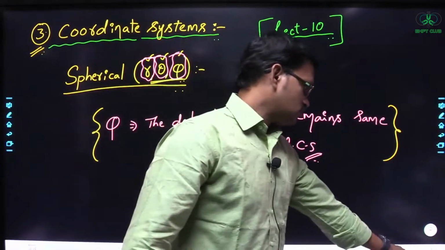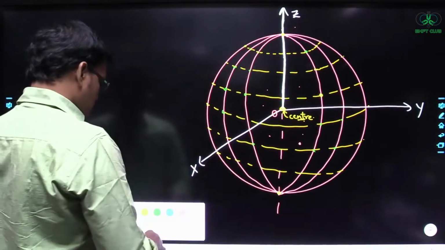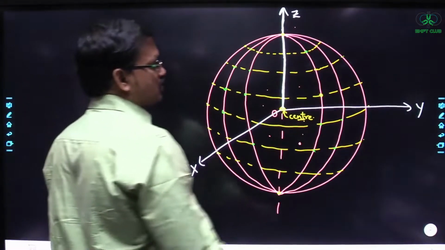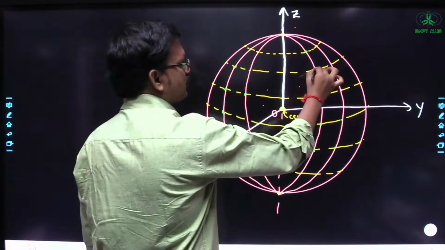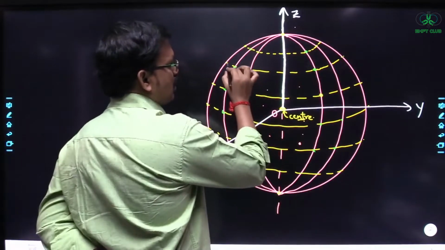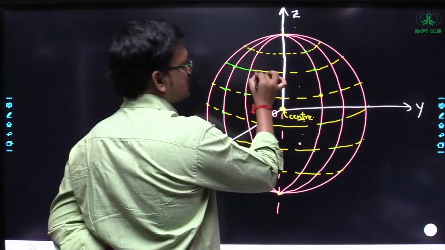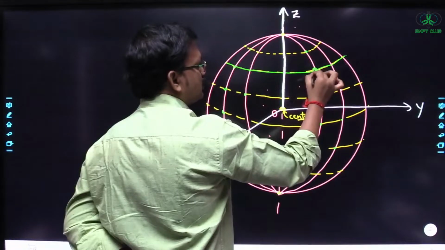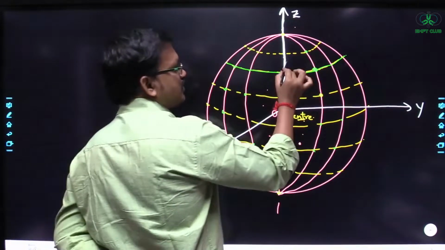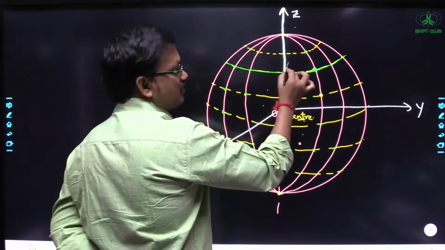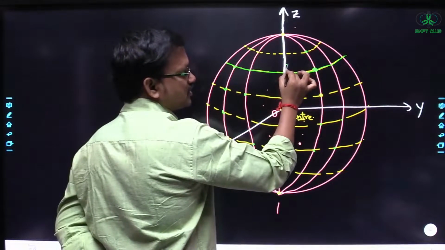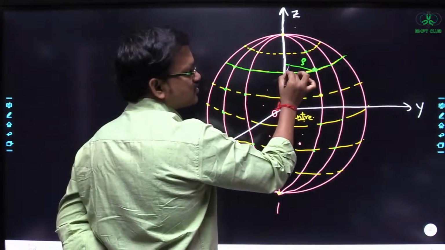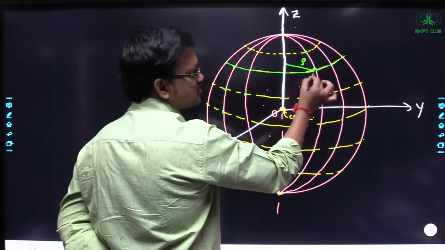Now see here. Let us consider this sphere, and let us consider this point on this horizontal circle. The radius of this horizontal circle, let us say, is rho. How do we measure the radius of the horizontal circle here?